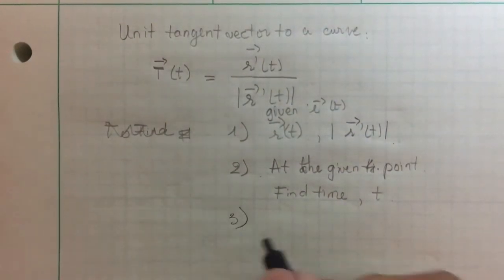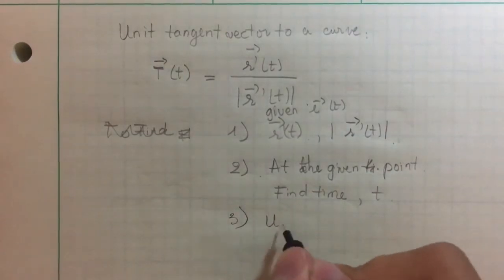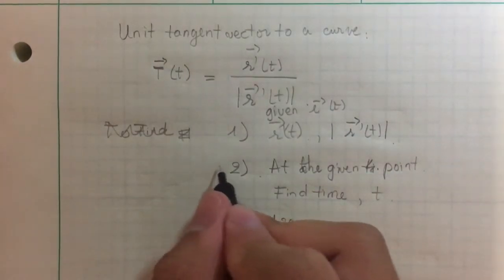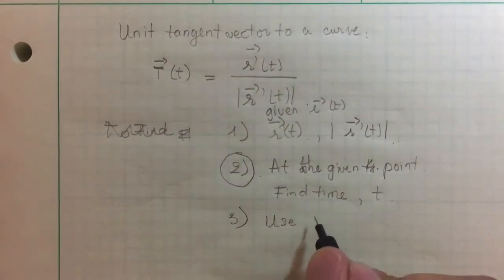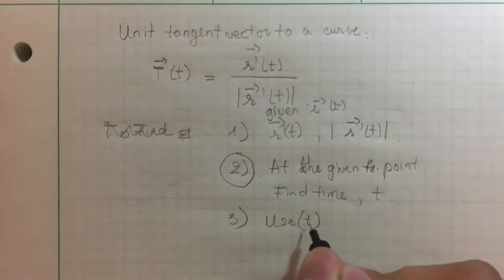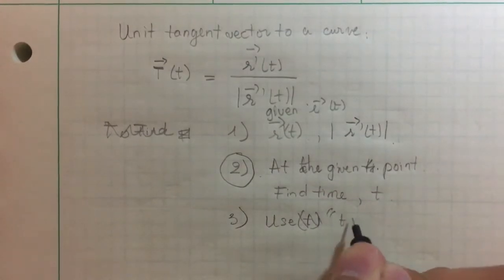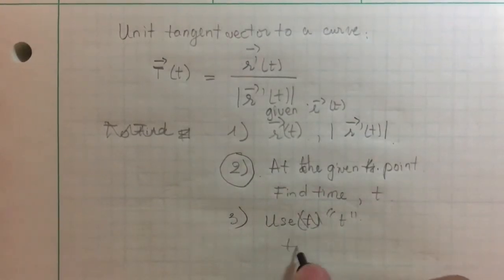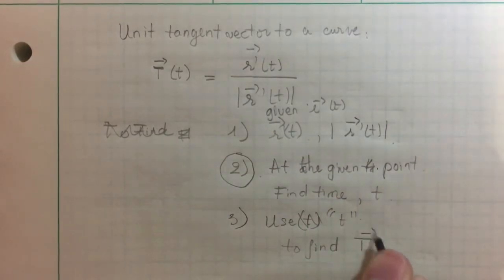Now the third step, the last one, we use the t we found from step number 2 to find the tangent vector.